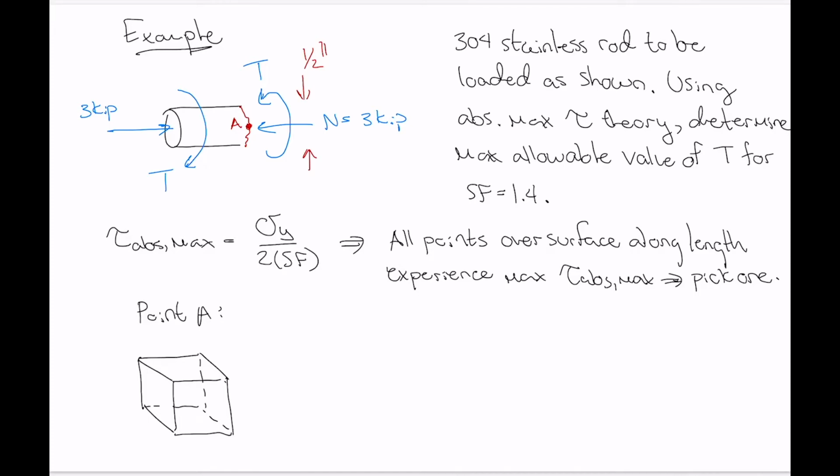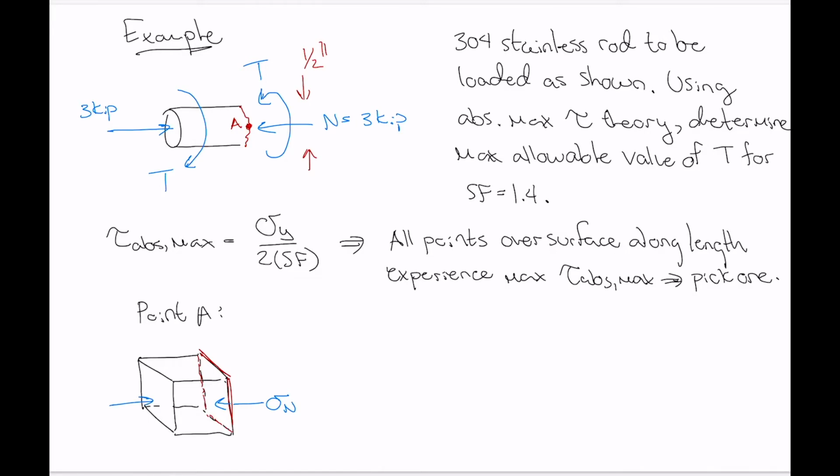And just to get you oriented here, the face of the element that's in the section plane is the face that I'm outlining in red right now, the right-hand face of that element. So thinking about the stresses that this element is under, from the internal normal force, we're going to have a normal compressive stress. So this is the stress from the internal normal force, sigma subscript n.